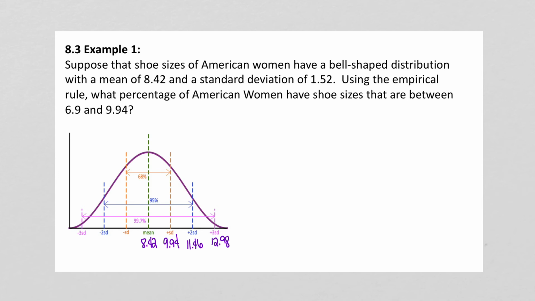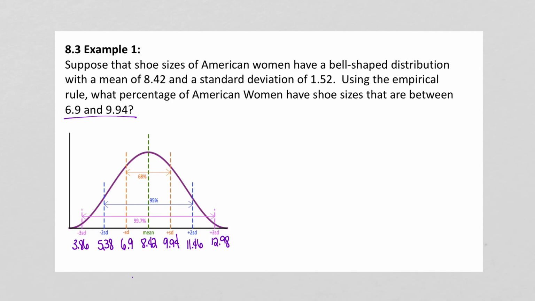To find the standard deviations below the mean, we'll subtract 1.52 from 8.42 and get 6.9. Subtract 1.52 again to get two standard deviations below the mean, and once more for three standard deviations below the mean. Okay, so it says between 6.9 and 9.94.